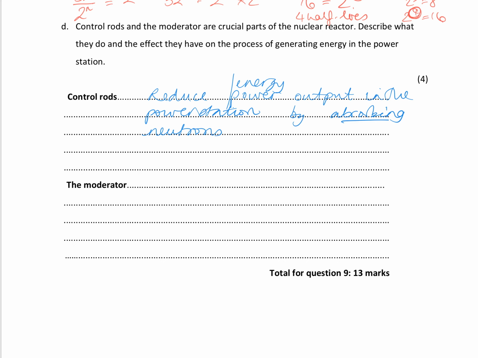So when the fission occurs and uranium-236 goes to barium or krypton, and then these three other neutrons, the control rods may absorb one or more or all of these neutrons, and they can therefore not go on to be absorbed by further uranium nuclei.